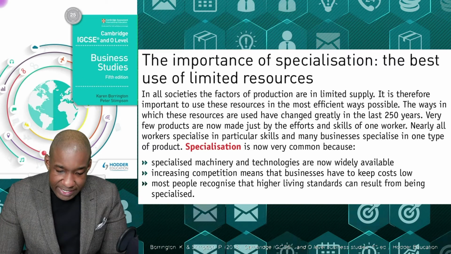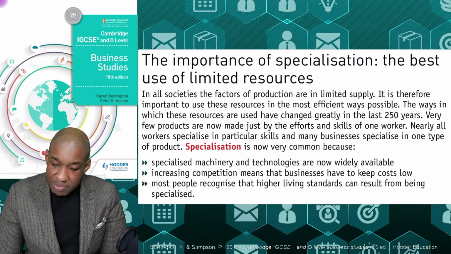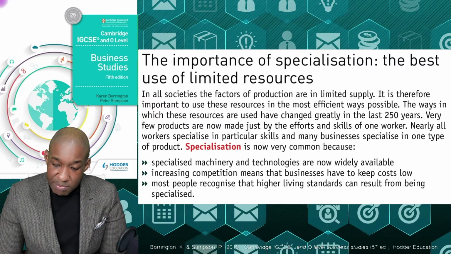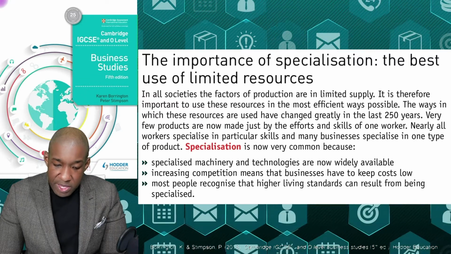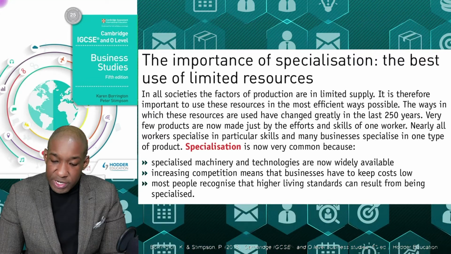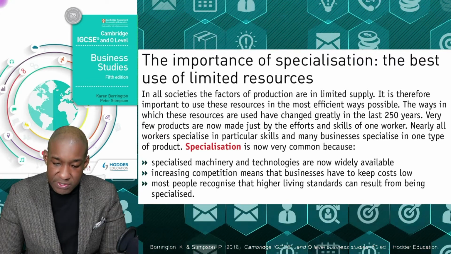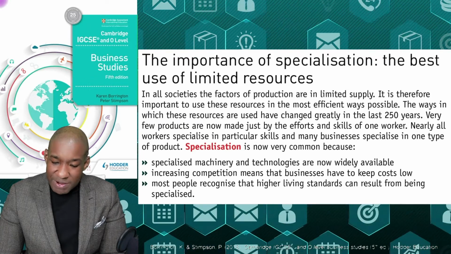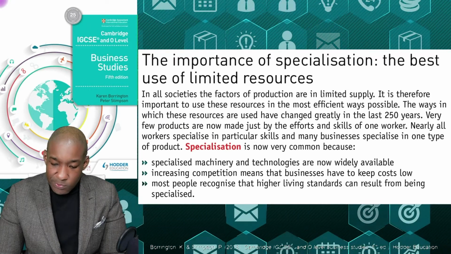In all societies, the factors of production are in limited supply. It is therefore important to use these resources in the most efficient ways possible. The ways in which these resources are used have changed greatly in the last 250 years. Very few products are now made just by the efforts and skills of one worker.